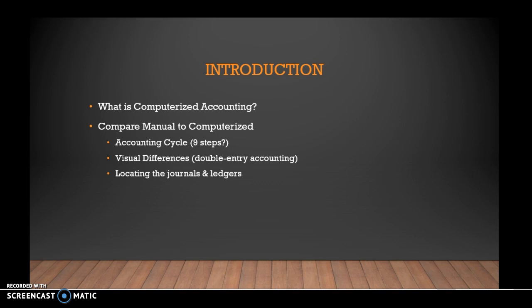In accounting, we record a lot of transactions. Does the recording of that information change significantly within a computerized system? You've all studied the 9-step accounting cycle, and if we move to automating the cycle, does it stay the same? Well, I submit that there are some differences.